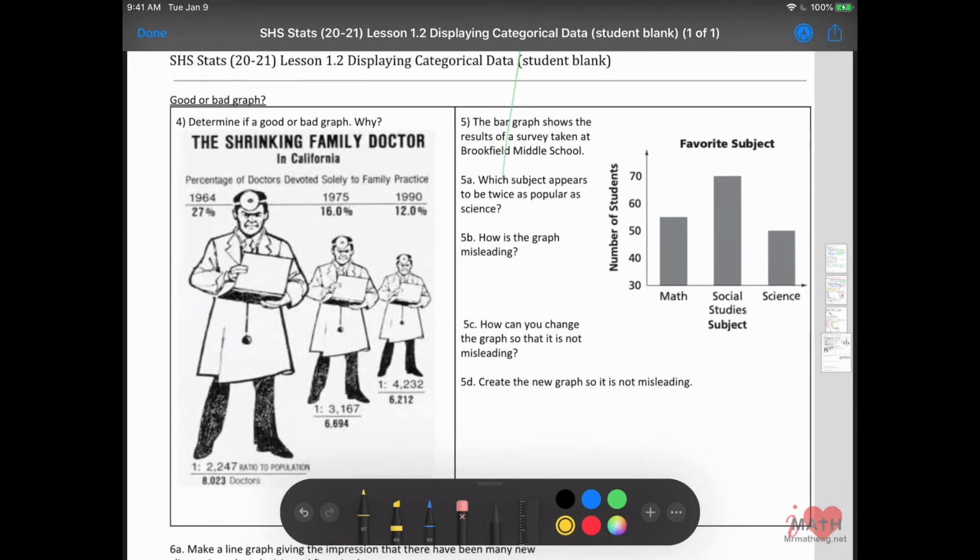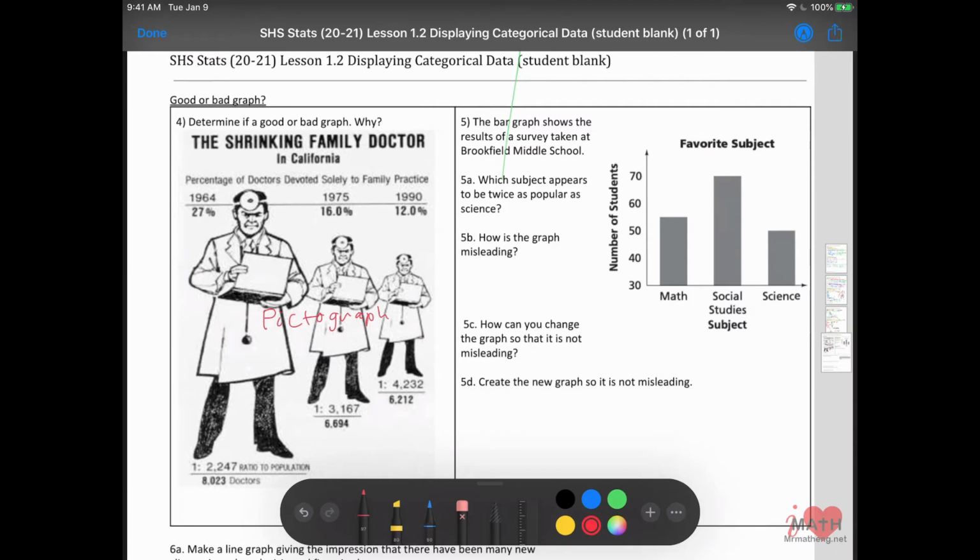All right. Good or bad graph? So we need to look at these graphs here and determine if it's a good or bad one. And if you look at it, these are called pictographs. Why is it called a pictograph?